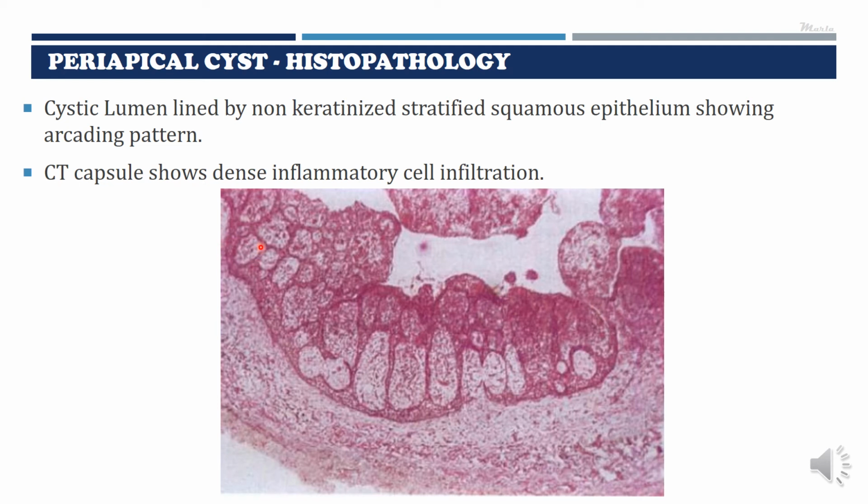So the arcs are resembling this arrangement of cells, and hence we refer to this as the arcading pattern. The underlying connective tissue capsule will show a dense infiltration of chronic inflammatory cells, which will include lymphocytes, plasma cells, and so on.